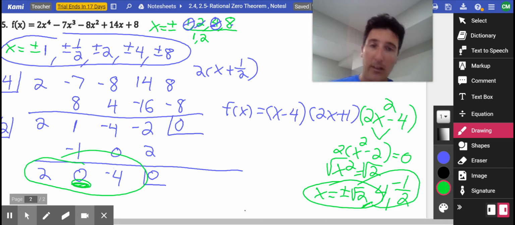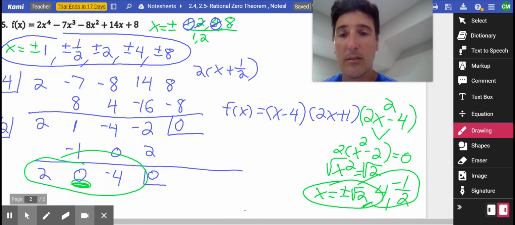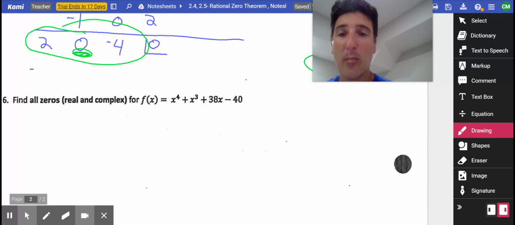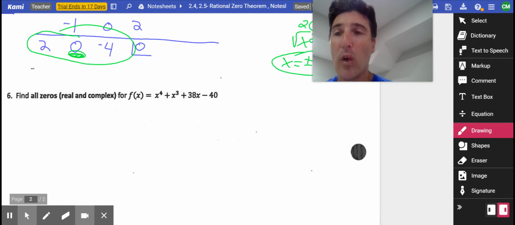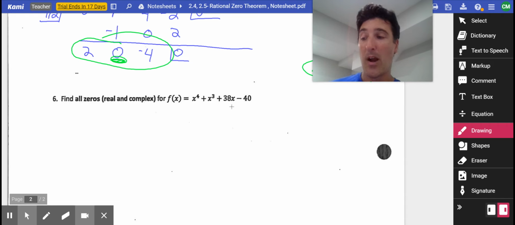Okay, let's move to number 6. Now, number 6, again, I'm just going to go right to the ones that give us 0. I'm not even going to list the numbers. In fact, I'll just tell you, if you did, it would wind up being all the factors of 40, which are plus or minus 1, 40, 2, 20, 4, 10, 5, and 8.